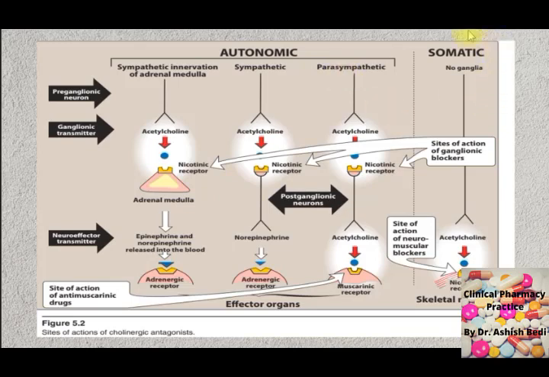Although the somatic nervous system is a separate topic, if we check the last neurotransmitter, we see that acetylcholine is working as the post-ganglionic neurotransmitter, or we can't say post-ganglionic, because we don't have ganglia in the somatic nervous system.